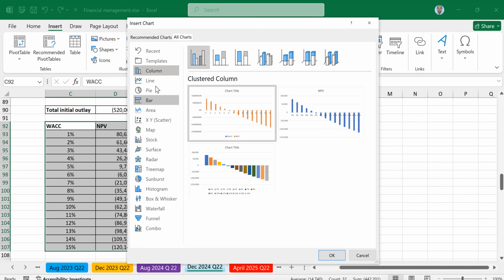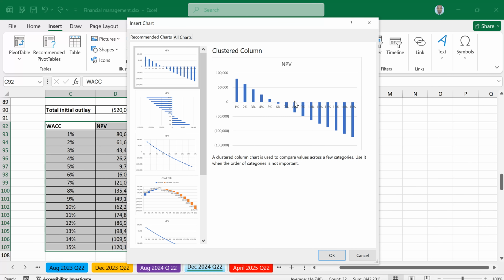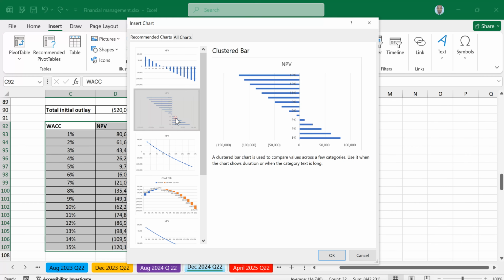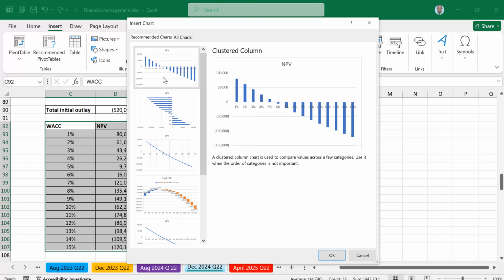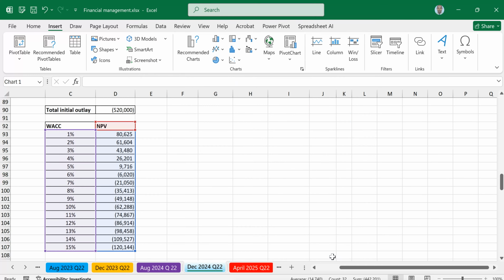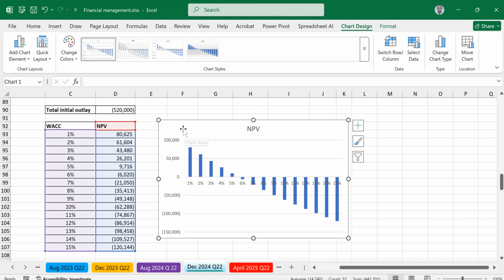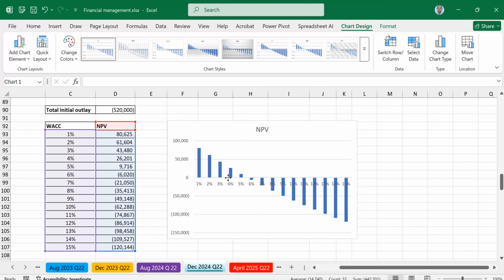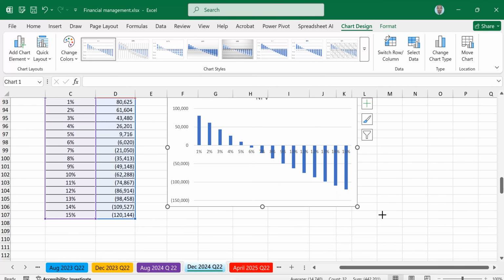Okay, column, I think the recommended ones are even column. So just go for the first one. No need of changing. The first one is okay. So different rates and NPV, then click on this. This is the chart showing different NPV and the WACC. This is just a column chart.